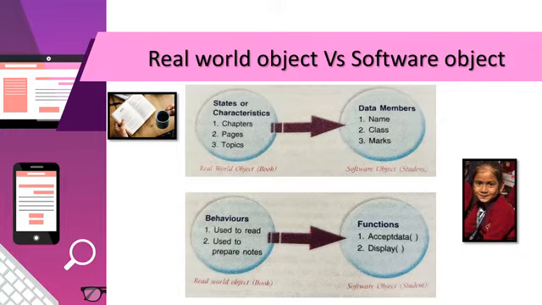In the same way, let us move on to the software object student. What functions can be done by the student? We can accept the data. What data can we accept? We can accept their names and their class and their marks. And then what can we display? The details we have collected, we can display them using functions.